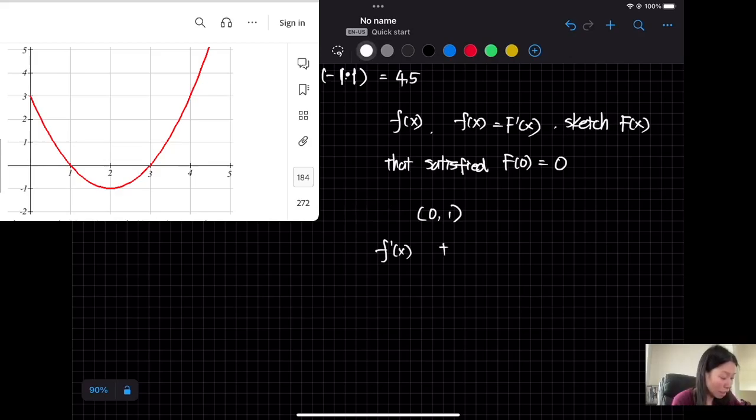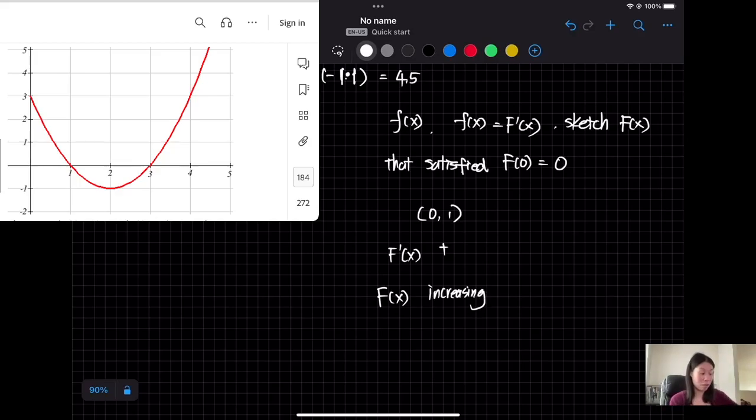That means if the derivative is positive, our original function f of x is going to be an increasing function.